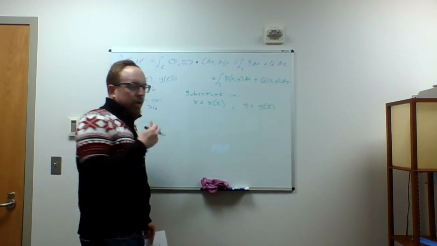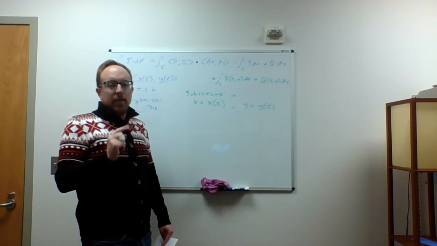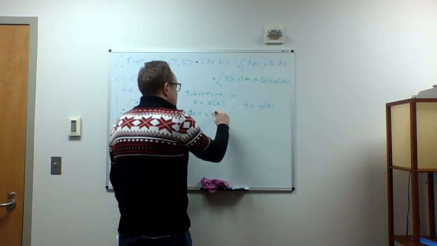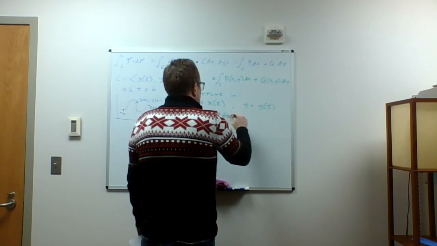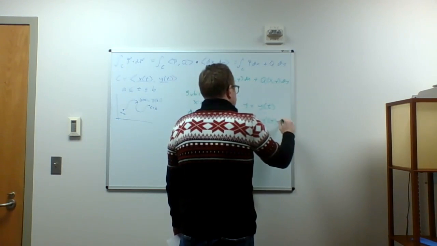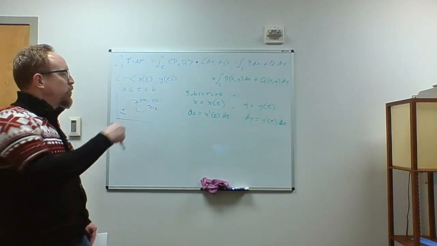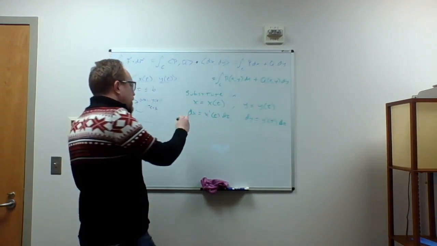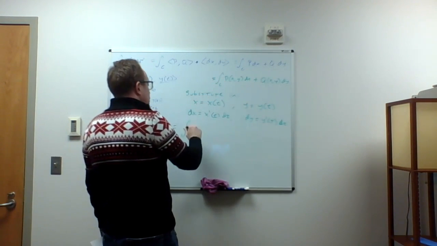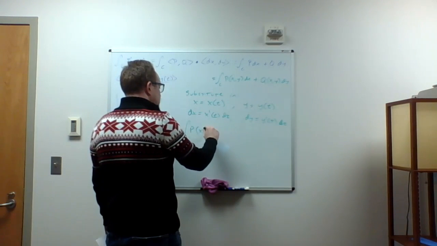And then, according to u substitution, we also need to turn dx into dt and dy into dt. That's easy enough. dx is just going to be x prime of t dt. And dy is just going to be y prime of t dt. Okay, so then if we substitute everything in, here's what we're going to get. We're going to get the integral of P, instead of being x and y, we're going to have x of t and y of t.